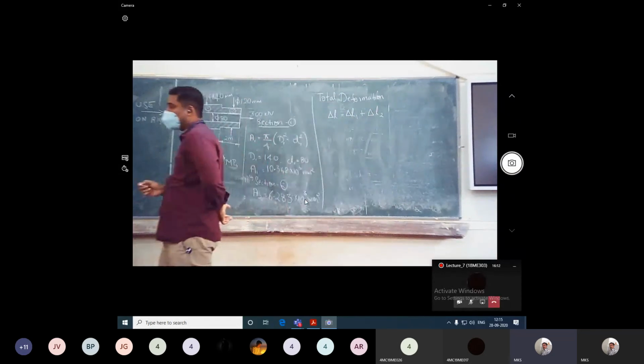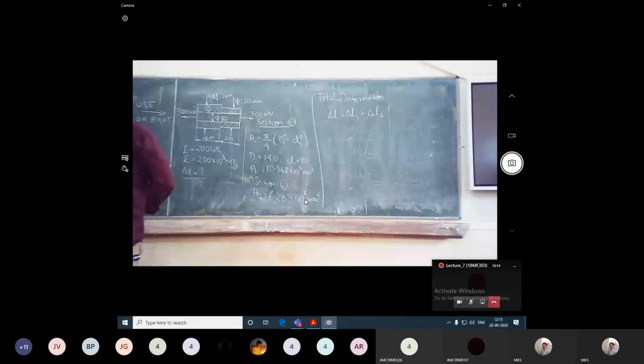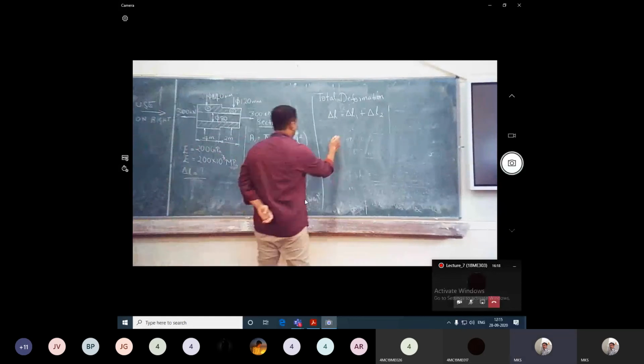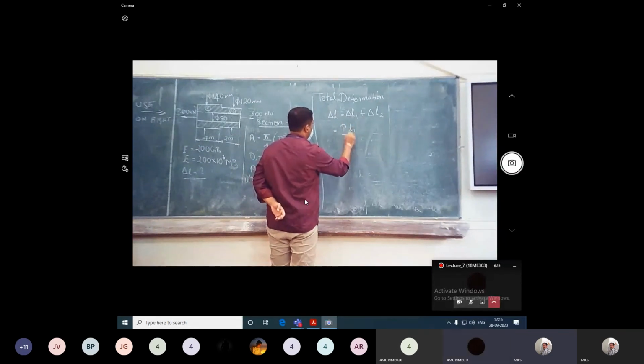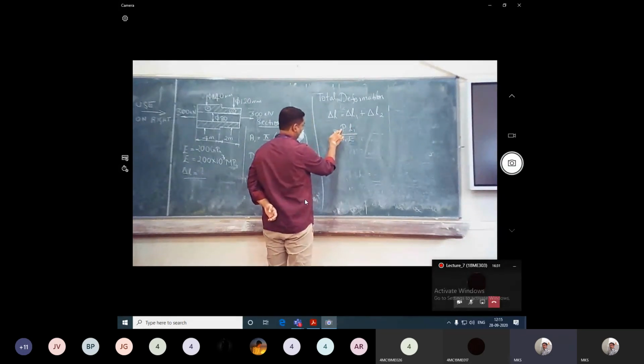The delta L equation is PL by AE, so it is PL1 by A1 E. The load P is constant, so we take it as P only.